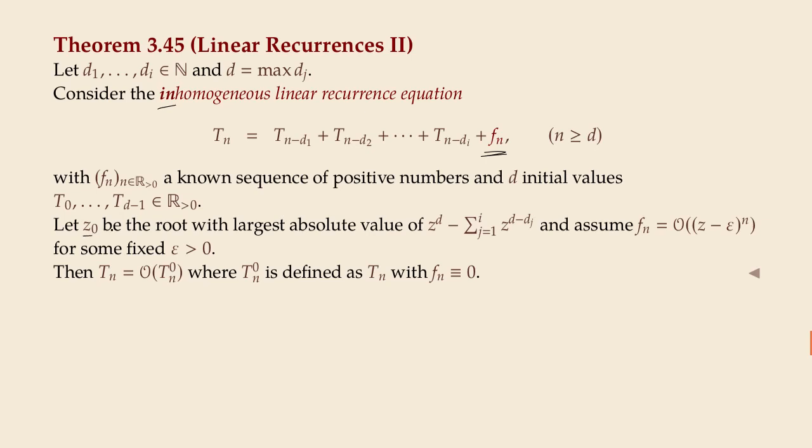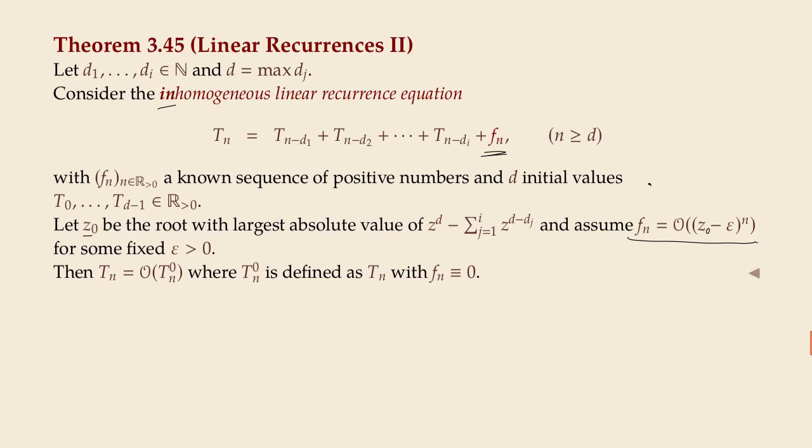And we assume that this is the dominant root, which here means the root of largest absolute value of this polynomial. And we assume that this toll function, this term that we add here, is not too large. And this is actually, okay, there's a zero missing. This is actually easily fulfilled in our case.